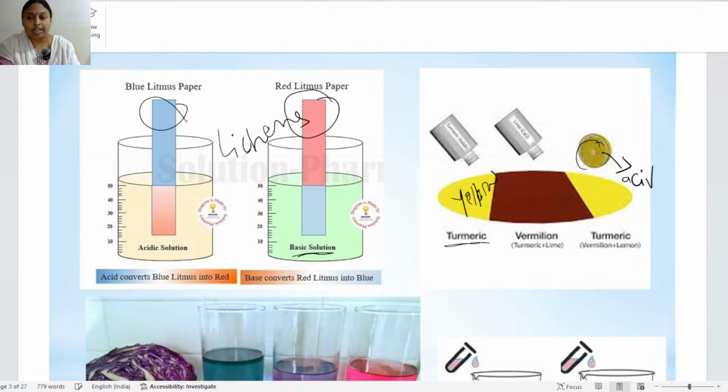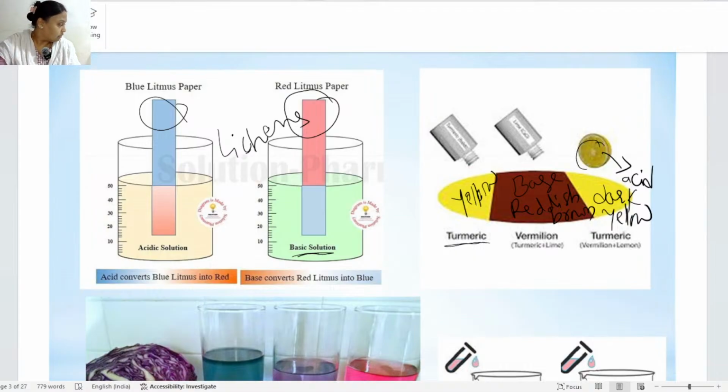When we add the turmeric indicator to the acid, it gives a dark yellow color. Here we are applying lime, which is a base. The color we get is reddish brown. Reddish brown is the color of the turmeric indicator with the base solution. This is about the turmeric indicator.